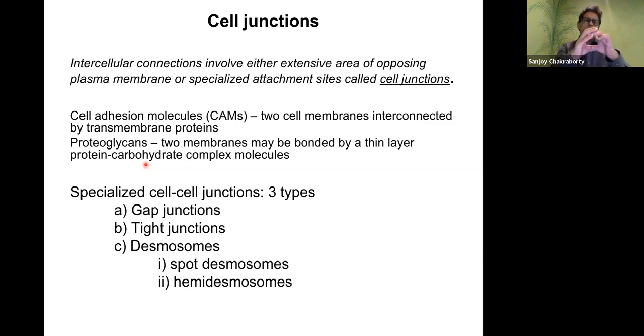Spot means they are spot like a disc, and hemi is half of them. Just imagine you have a lemon, kind of a structure or sphere, that protein structure between two cells, or if you have half of a sphere, that's hemi.